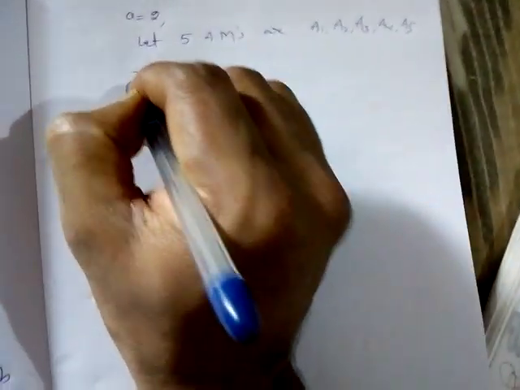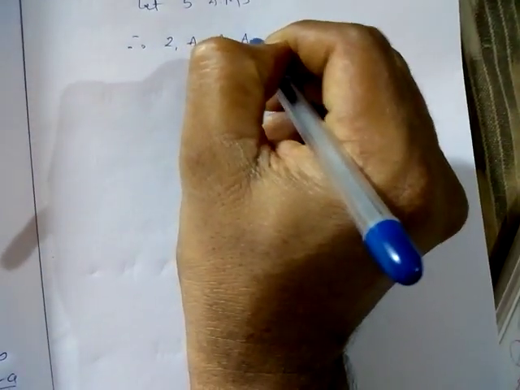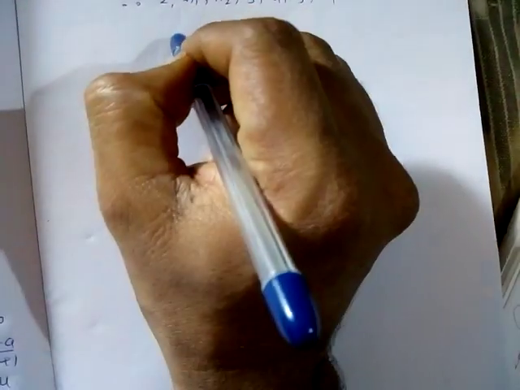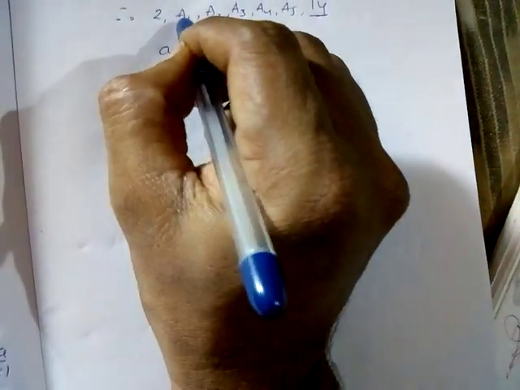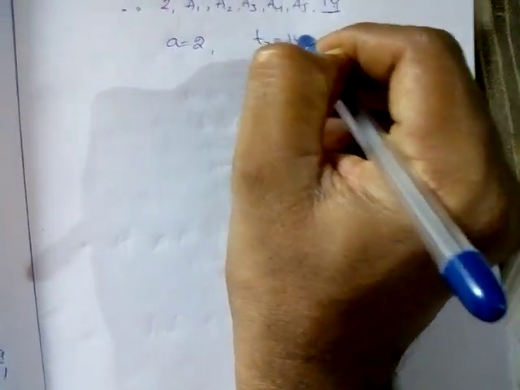So therefore the AP series is 2, a1, a2, a3, a4, a5, 14. So this is which term? First, second, third, fourth, fifth, sixth, seventh term. So T7 is equal to 14.